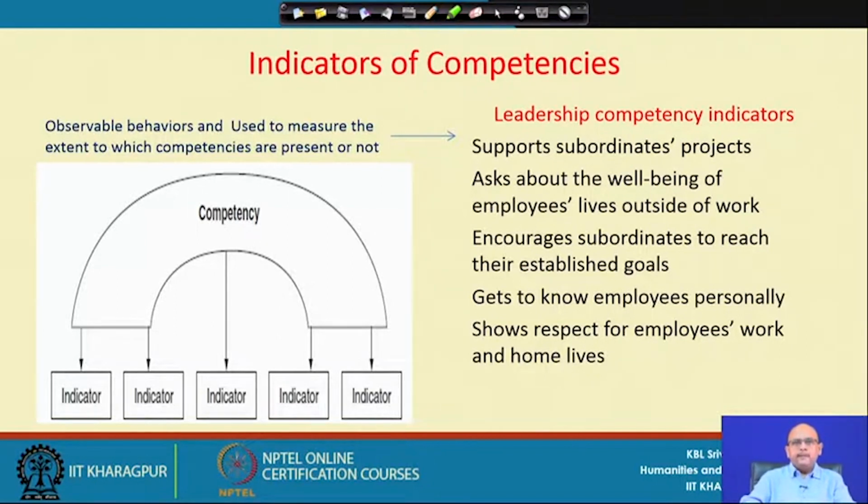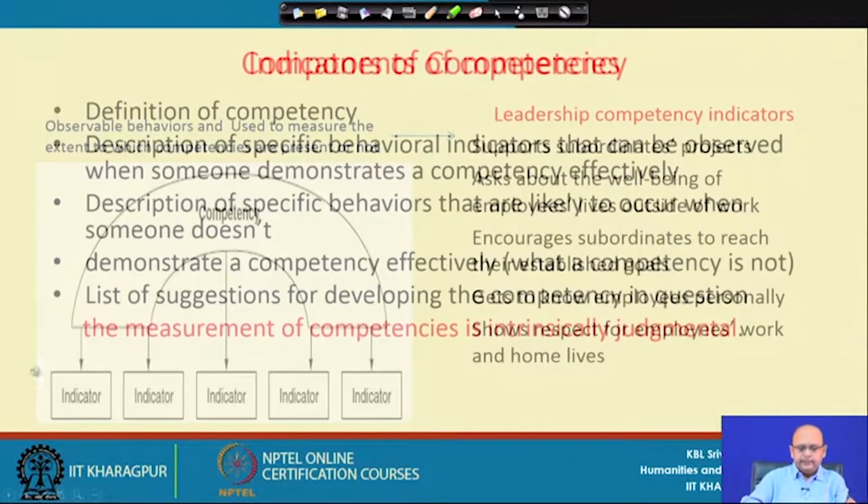Support subordinate projects, ask about the well-being of the employees and life outside of work, encourage subordinates to reach their established goals, get to know employees personally, and show respect for employees. If you look at all these indicators, which show his leadership competency, it could be at the threshold level or it could be differentiating, depending upon the extent to which this is present. So, that is how we are going to talk about the competencies.